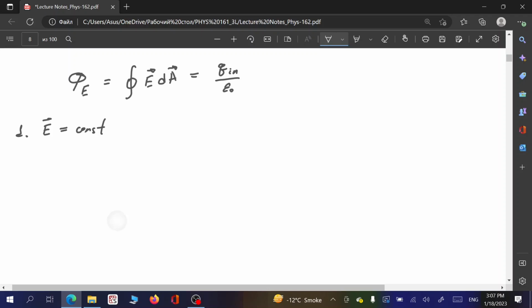Second, we should find such segments of this closed surface where the electric field vector is either perpendicular to the dA vector, meaning to the normal vector of the surface, or parallel.